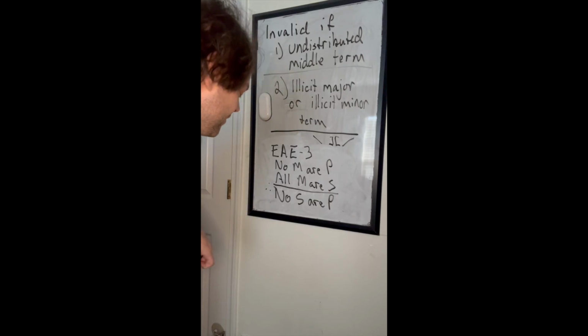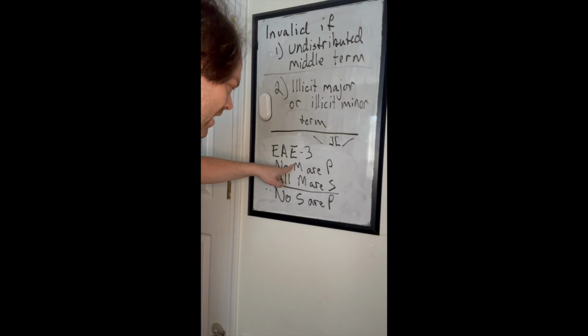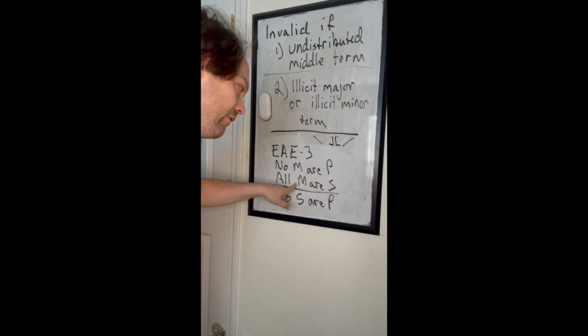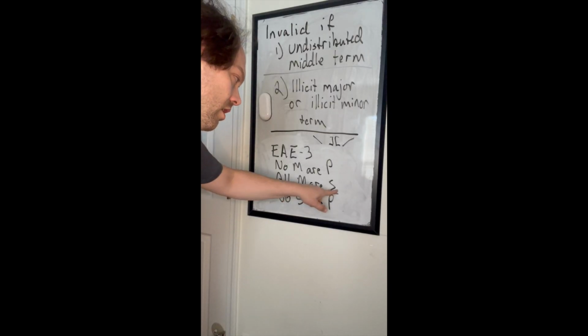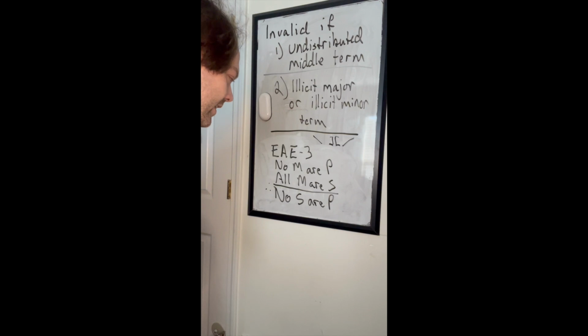Let's come up with a counterexample. No fish are pelicans. How about all fish are aquatic, therefore no aquatic things are pelicans.